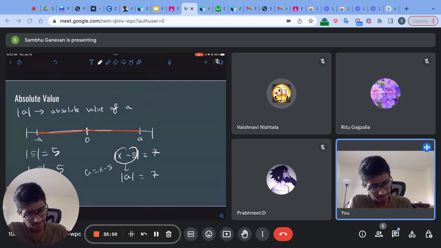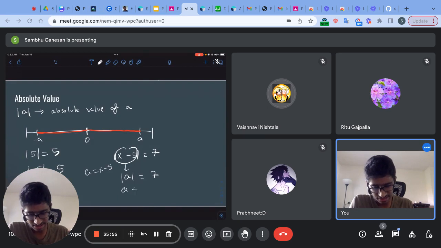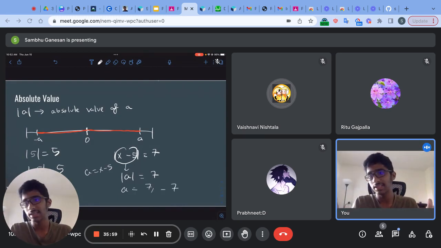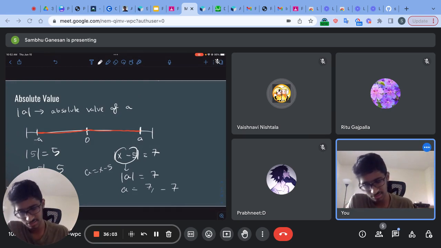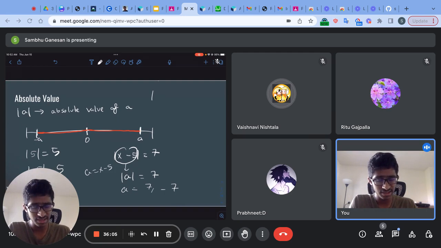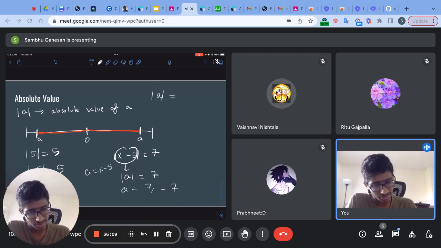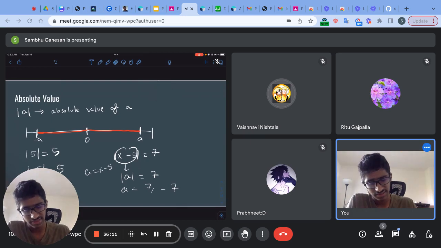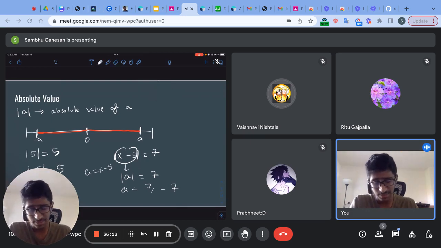So if the absolute value of a equals 7, you know that a has to be either 7 or negative 7, right? Because if you want a distance of 7 from 0, it has to either reach 7 right here or negative 7. So if I say the absolute value of a equals x, the possible values of a are x and negative x.